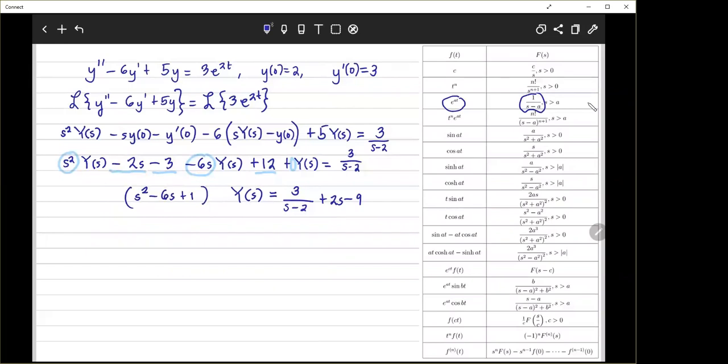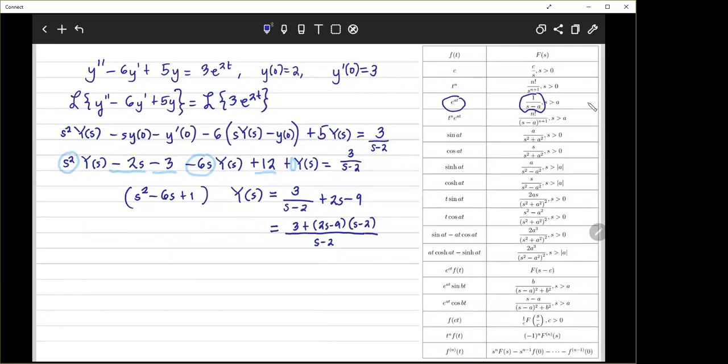Okay. Now again, yung right-hand side natin dapat iisang fraction lang. So I'm going to combine this into one fraction. So I will have s minus 2 in the denominator. In the numerator, I will have 3 plus 2s minus 9 times s minus 2. Ayan.